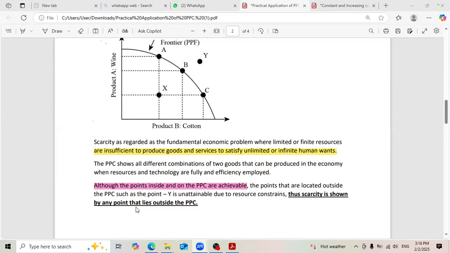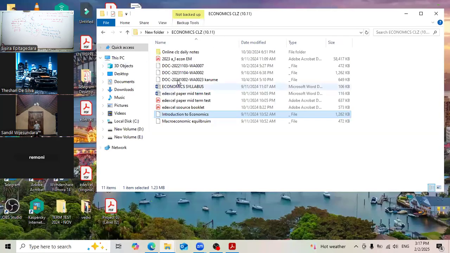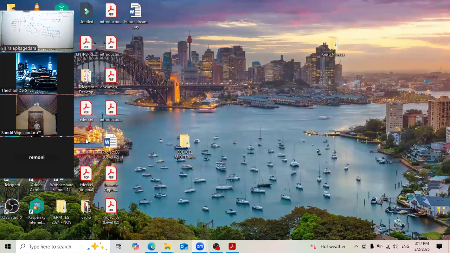You have that, right? Can you share the PDF file? I can't remember when I sent it. Your group.